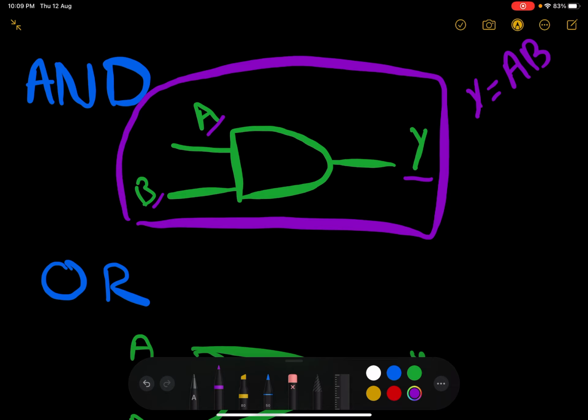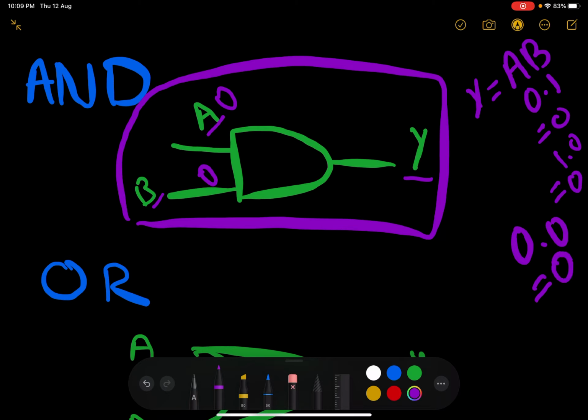If A was 0 and B was 1, we multiply both inputs, so 0 times 1 gives us 0. If we switch, 1 times 0 gives us 0 as well. If both are zeros, 0 times 0 gives us 0 as well.